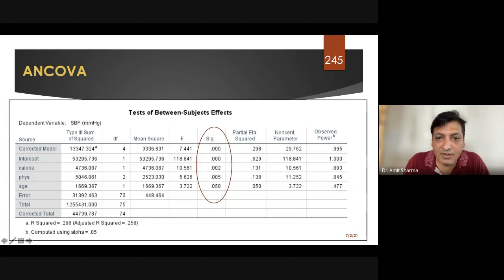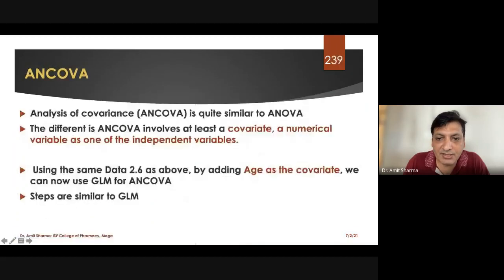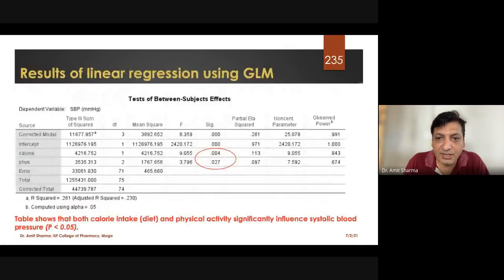Clear? And when we ran the same test with the same population without the covariate, we got other p-values. You can see what they are for calorie intake and physical activity: 0.004 and 0.027. This is the difference: by adding a covariate, the data is going to switch.